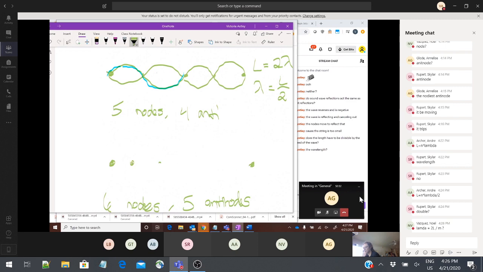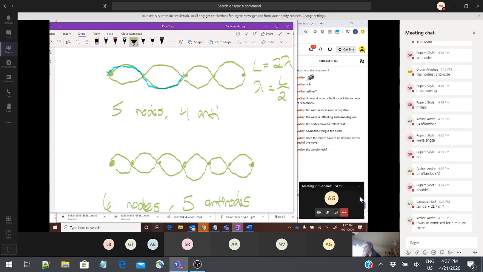So we end up with, okay, 1, 2, 3, 4, 5, 6. Did I draw too many? I think I drew too many. 3, 4, 5, there we go. 6 nodes. 1, 2, 3, 4, 5. 6.